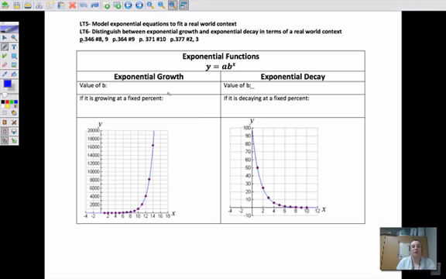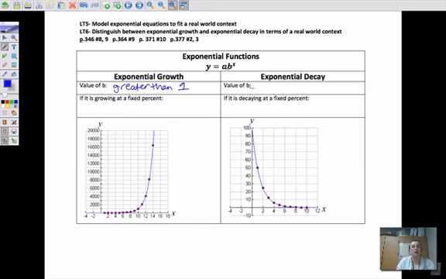We're going to talk a little bit about what the value of b looks like. If something is growing over time, then the value of b is greater than 1. If we multiply by something greater than 1, it's going to make that number bigger.